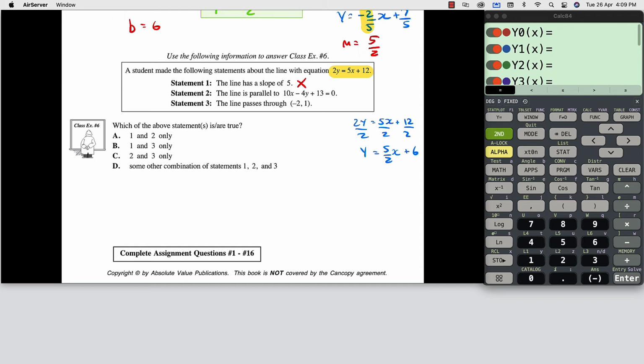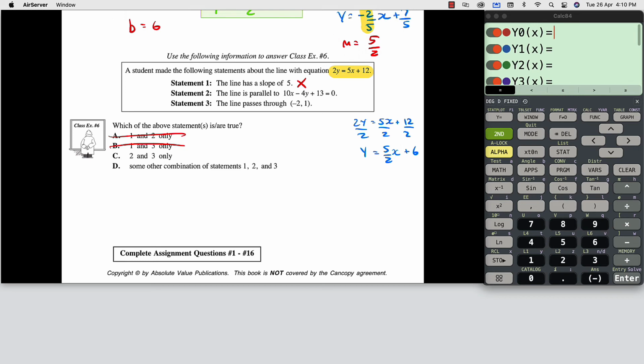If you look at the A, B, C, D choices, which ones are true, 1 and 2? Well, we already know that 1 is false, so it cannot be A, cannot be B. Could be C or D. D is sort of confusing the way they've written that, but let's move on to statement number 2.